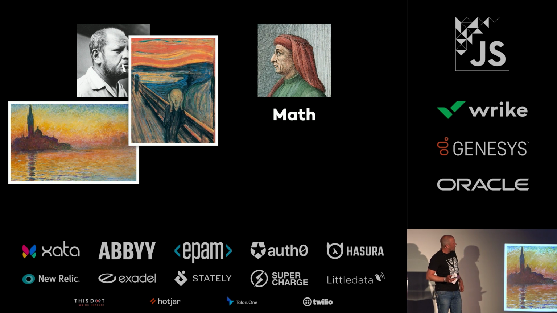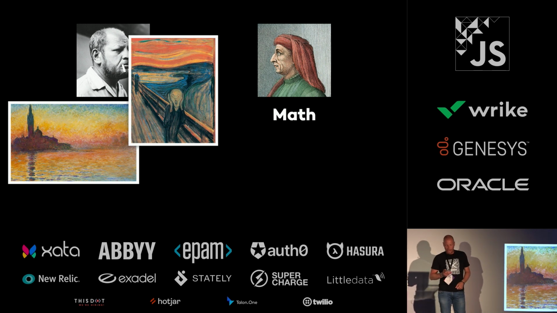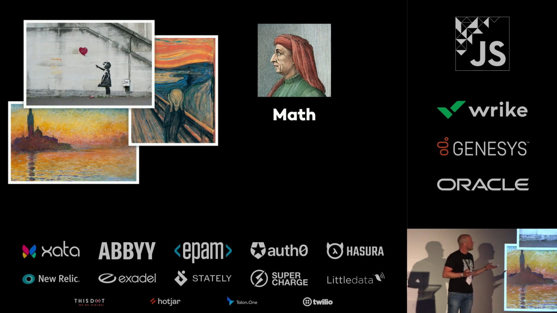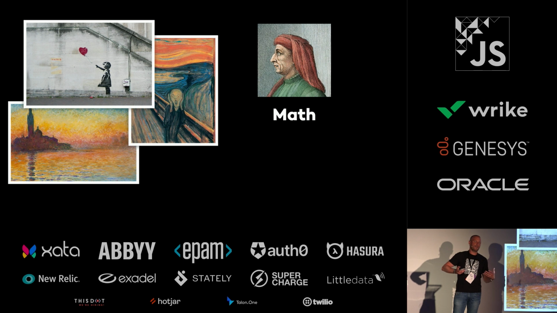This one here is Claude Monet, Edvard Munch, also very famous for translating expressions on nature and so into a piece of art. But I could also have used Banksy. He does graffiti stuff, and for Banksy it is a lot of society, politics, but also something that is invisible, and he puts this into a piece of art.